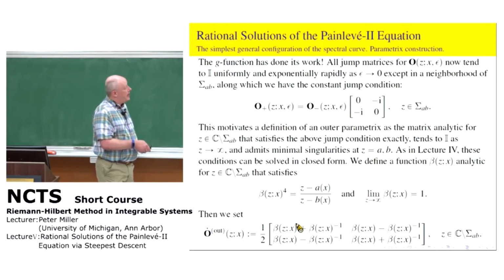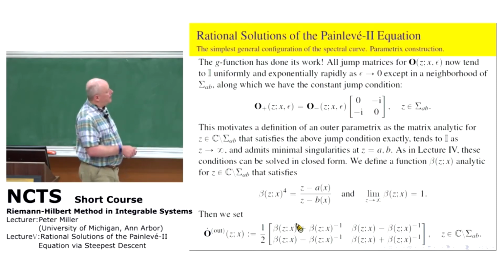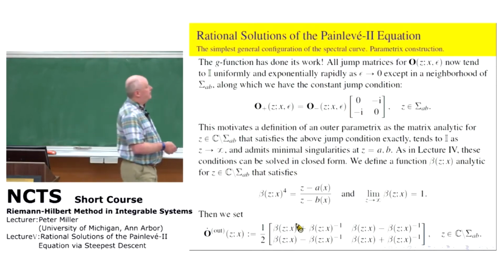Okay? And the thing that's wrong with it, if anything, is that because it has beta and 1 over beta in the matrix elements, it blows up like a 1/4 power at both A and B. And that's the same thing that happened to us yesterday about this time.